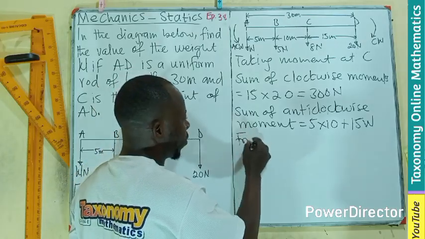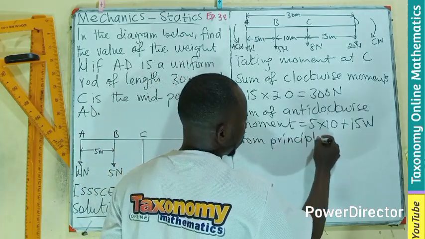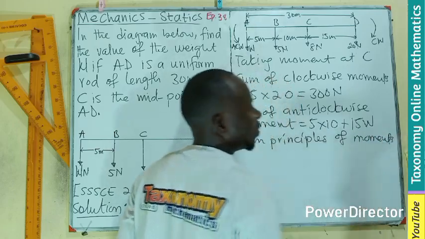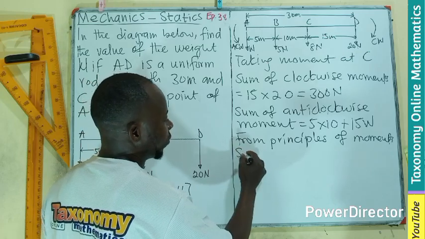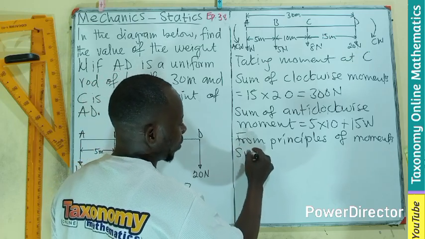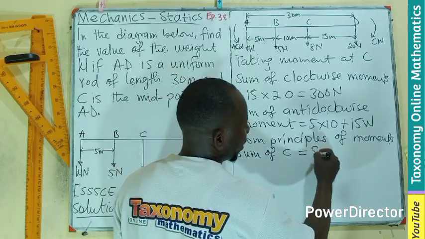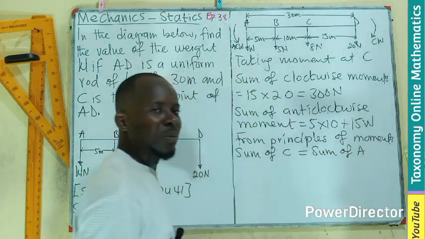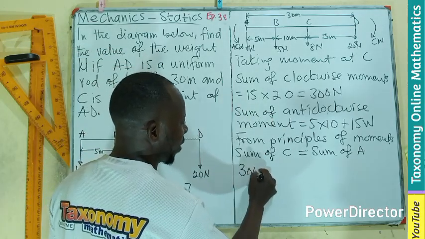From the principle of moments, we know that the sum of clockwise moments equals the sum of the anti-clockwise moments. So the first sum we had was 300.